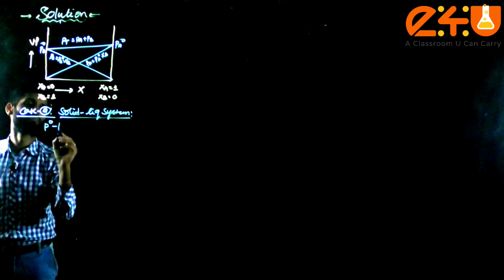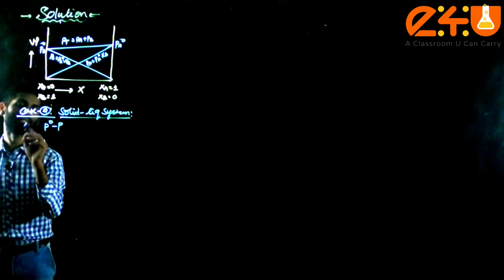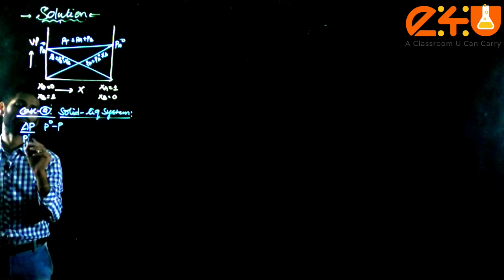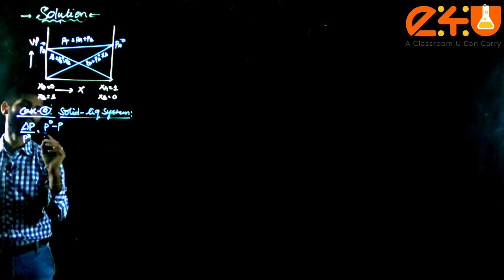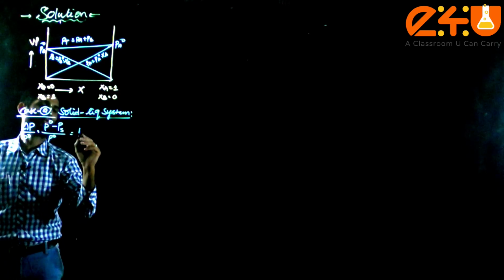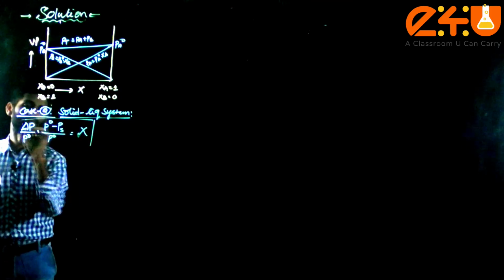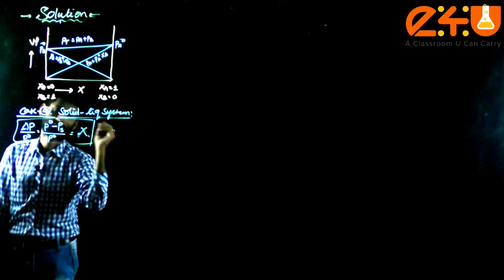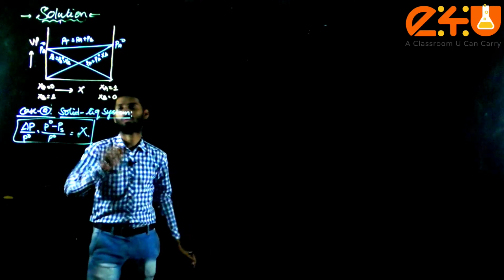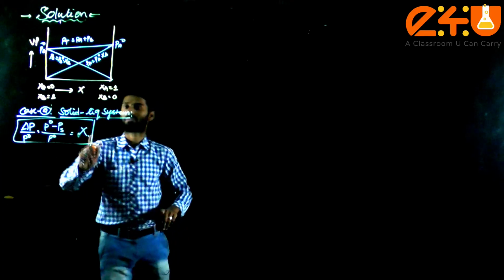The relative lowering in vapor pressure, we already know, dear students, is delta P by P naught. Correct or not? That is equal to P naught minus Ps divided by P naught, which is equal to the mole fraction. I can consider here the mole fraction of the solvent, I can consider 1, no problem here. This is in solid in liquid type of solution, dear students.